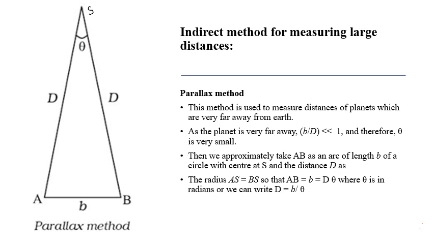This AS is equivalent to BS, which is nothing but capital D. So what is AB now? We know the formula: AB, that is b, the basis, the distance between the two observatories, is equal to D into theta.